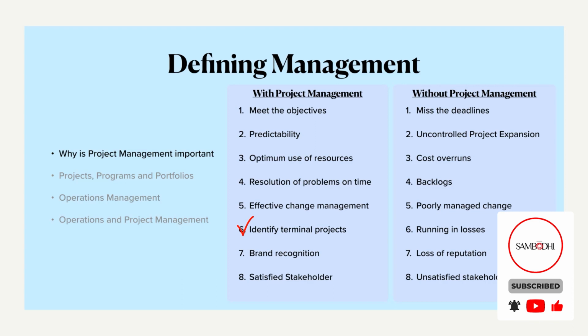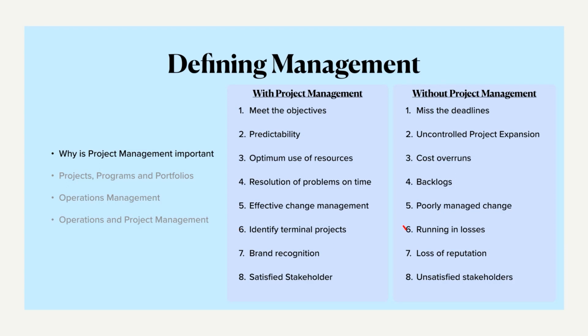Instead of wasting a lot of time, lots of energy, so many resources, and then closing the project, it is better that we identify that the project is not going to succeed early on. We will understand it better with the help of project management, right? Without project management, there is no such vision, or such scope cannot be identified at the beginning of the project. So we will be running in losses if we don't have project management in place.